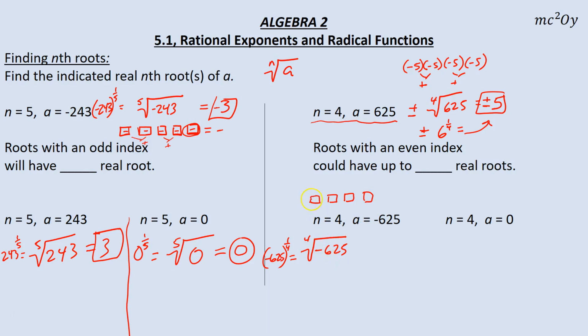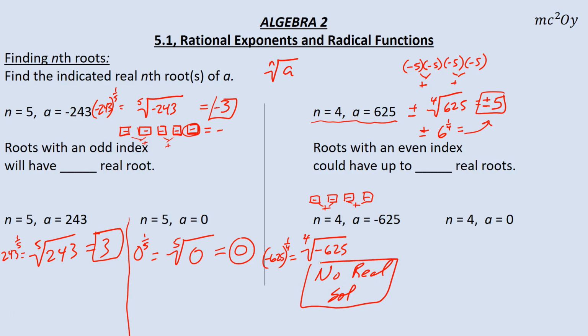Well, to get a negative, you have to multiply by a negative. And if one's negative, they're all going to be negative. And we know that 2 pairs of negatives make a positive. Therefore, this isn't good. There's no way to multiply 4 of the same thing together to get a negative. So this actually is a no real solution.